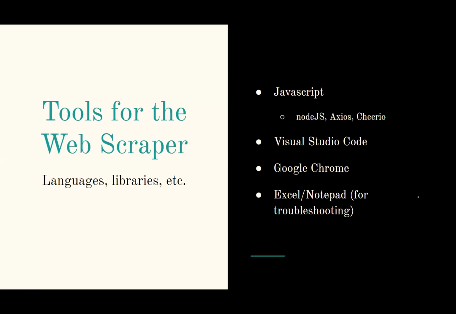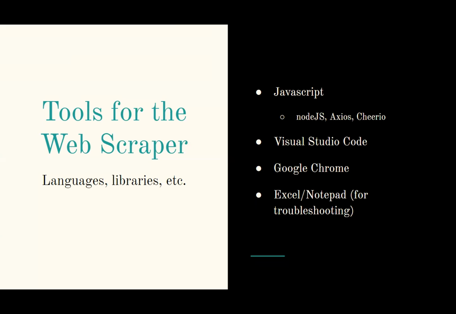So the tools that I used for the web scraper, again, JavaScript, and then I also needed to install Node.js and then Axios and Cheerio. For those of you who don't know, Node.js is a back-end runtime environment for JavaScript that executes code outside of a web browser. So this was really important for my project since I executed the web scraping script using the command line.